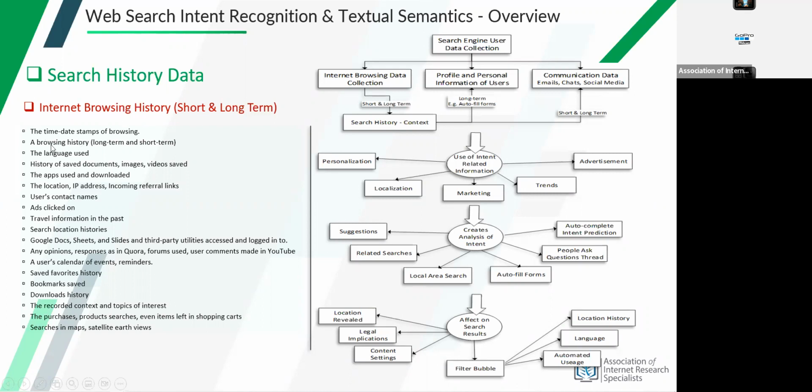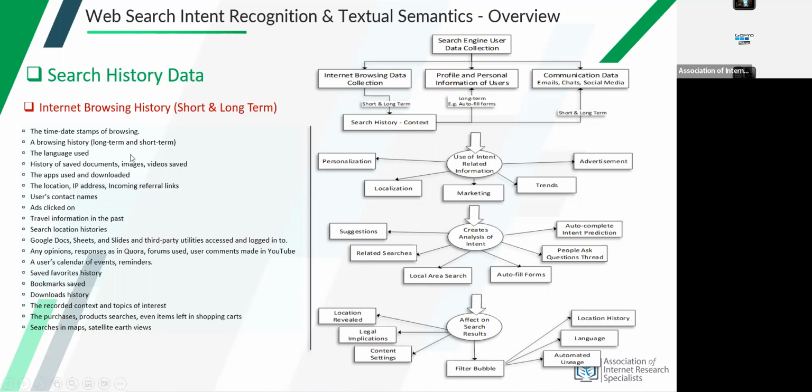One of them is the time and date stamp of your browsing. When do you browse mostly? During the day, afternoon, evenings? The language that you use, your preferred language, so it knows the region that you are interested in, or the type of web pages that reside in the localized data centers that would be addressed.